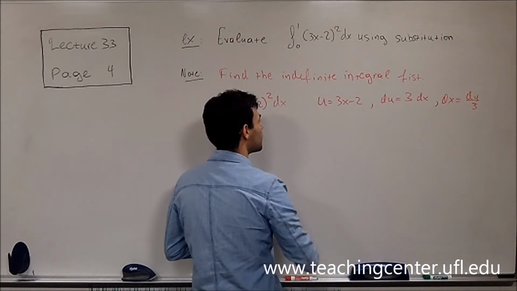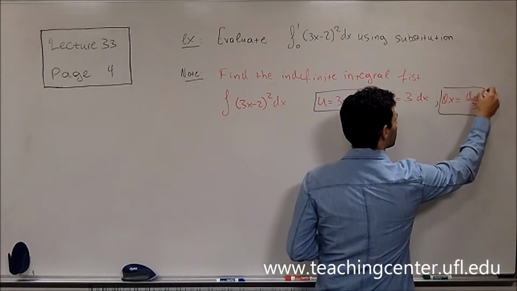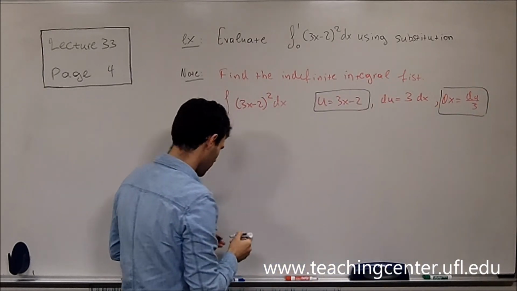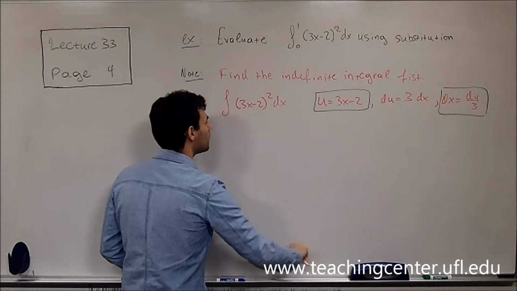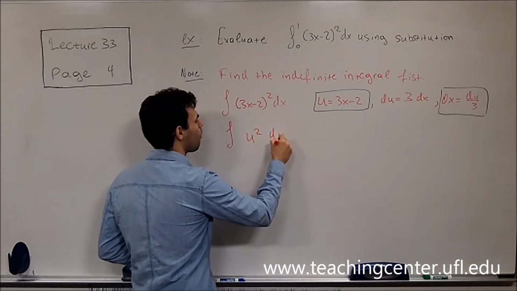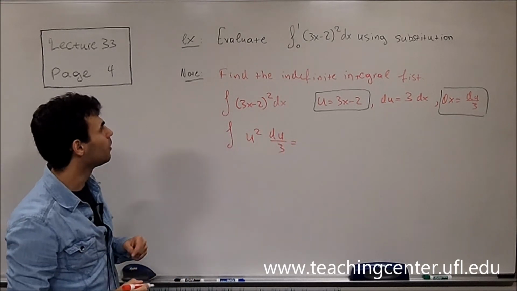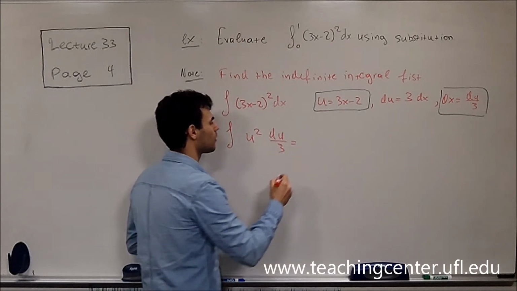And now we have to substitute u and dx into my indefinite integral, so this one becomes the integral of u squared du over 3. Okay, so that's just a simple u integral.